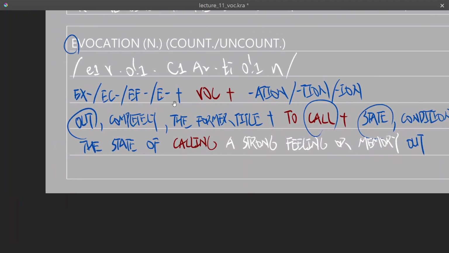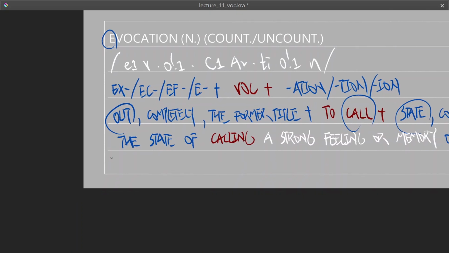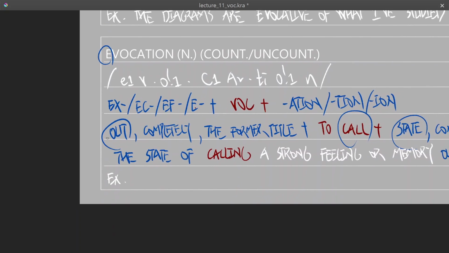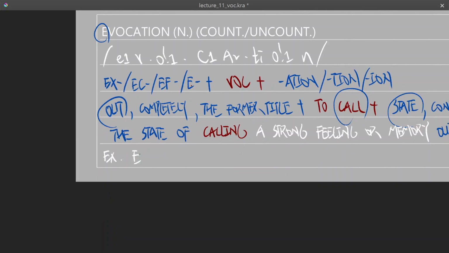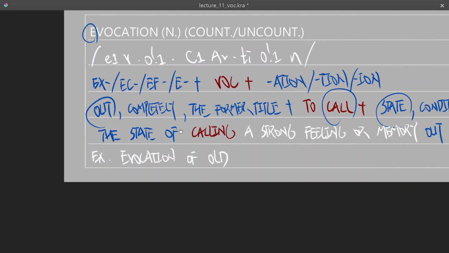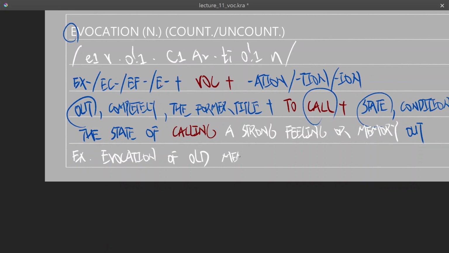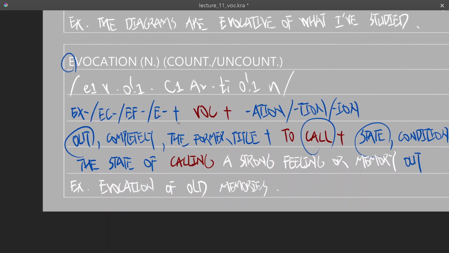And for example, let's say we have evocation of old memories. Cool. Next.